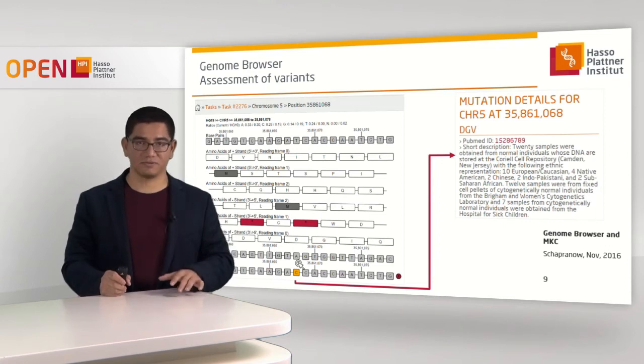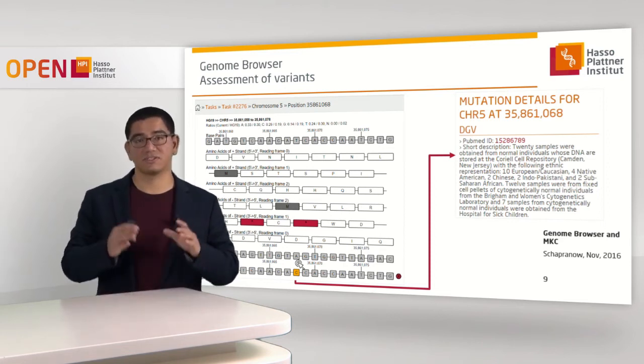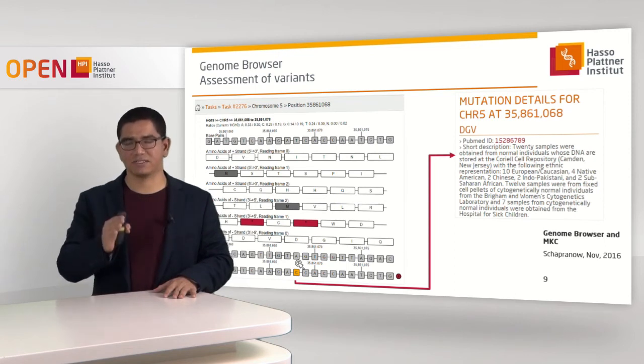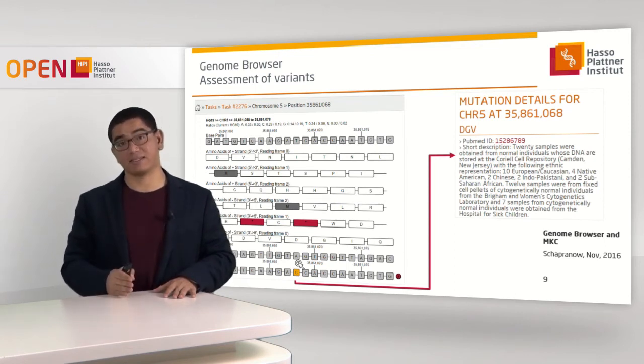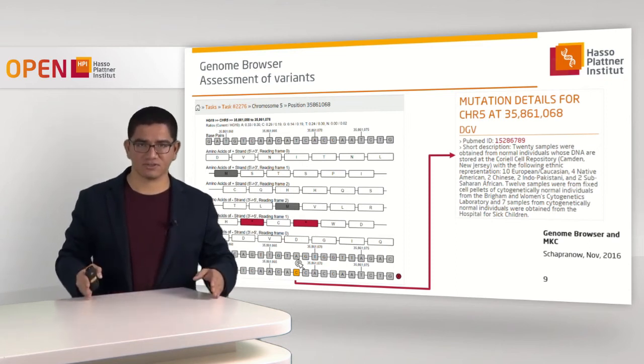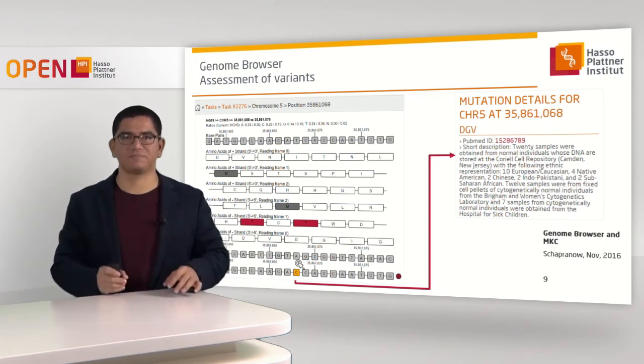As you remember from one of the videos, we discussed different annotation databases, and all of these annotation databases, or some of them, are already automatically linked with that specific mutation. So as a researcher, you don't need to manually look for all of these data sources. They're available at a specific spot.